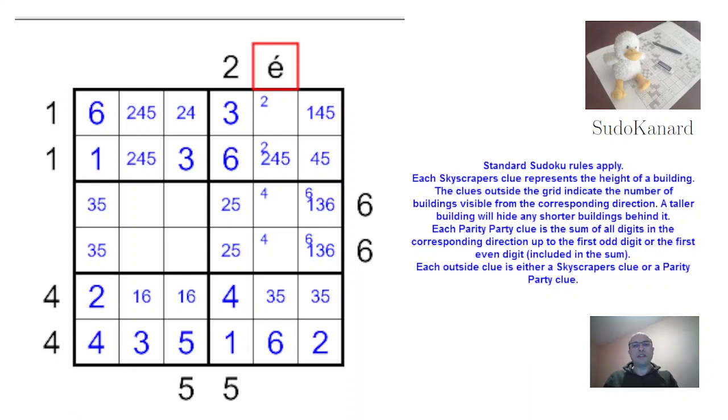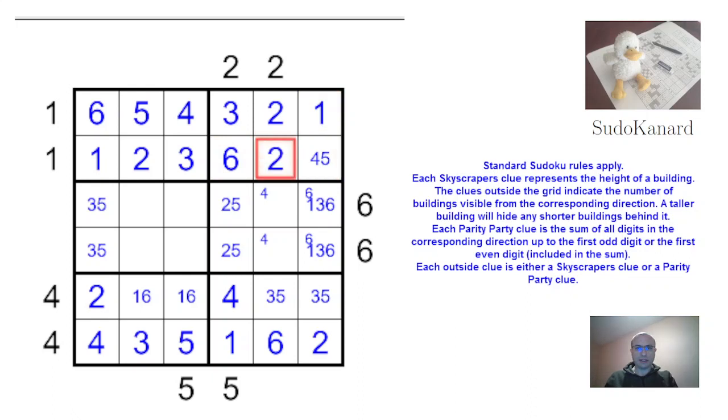What if I put a second 2 here? Well, if this is a parity party clue, then this has to be a 2. Let's see what happens. Oops.